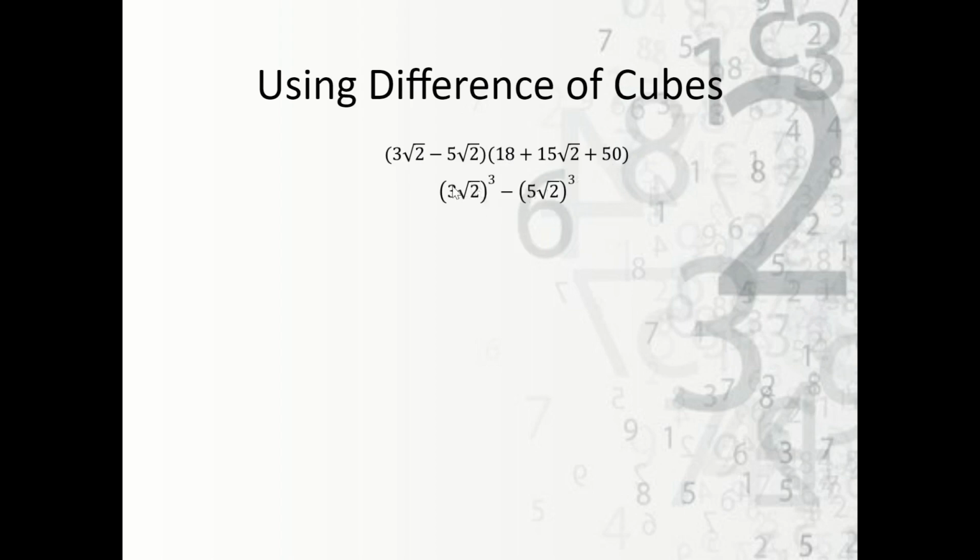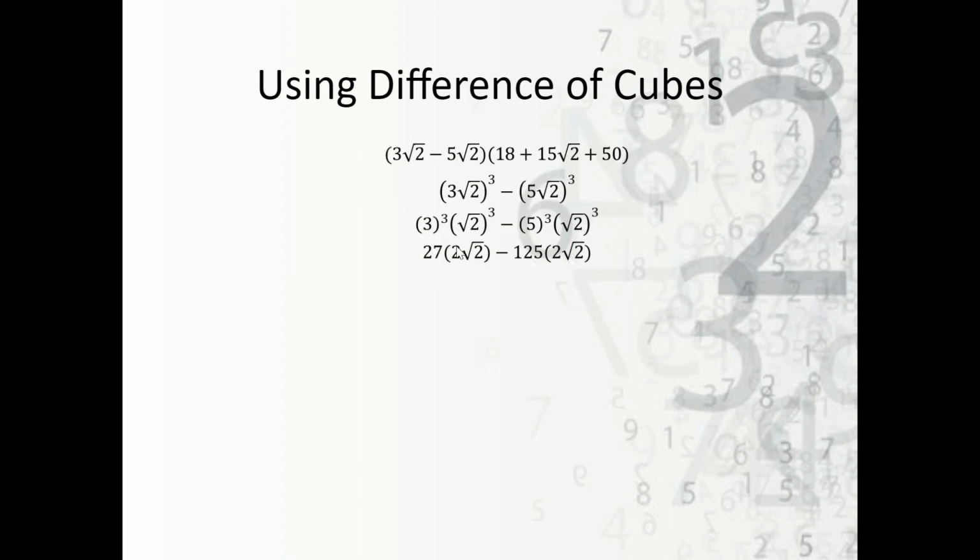Now we just cube these, so this is 3 cubed and square root of 2 cubed, and then we have 5 cubed and square root of 2 cubed. And when we do that, we get 3 cubed, which is 27, and square root of 2 cubed, which is 2 square root of 2. And then here we have 5 cubed, which is 125, and square root of 2 cubed, which is 2 square root of 2.